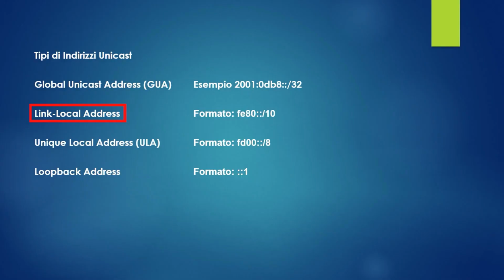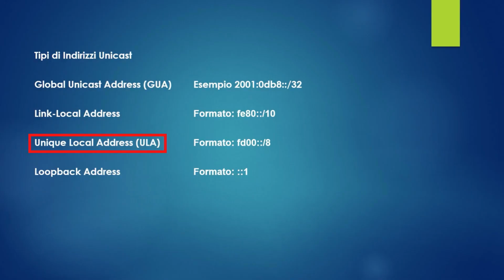This means they aren't routable on the internet, so these addresses don't go on the internet. And they are mainly used for automatic interface configuration and other management communications. Its format is FE80::/10.